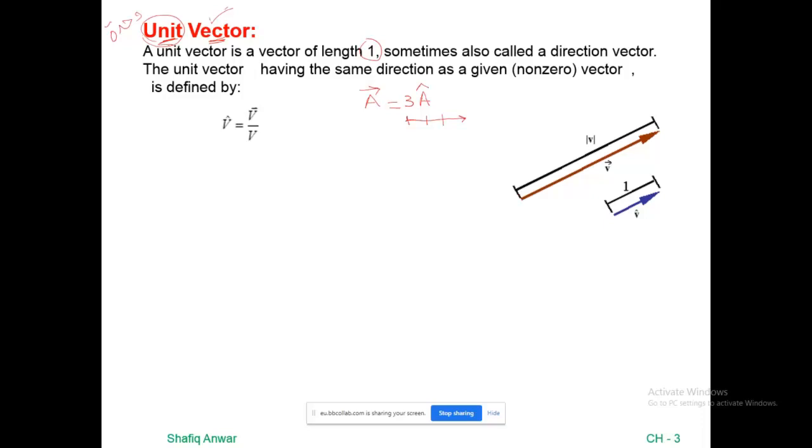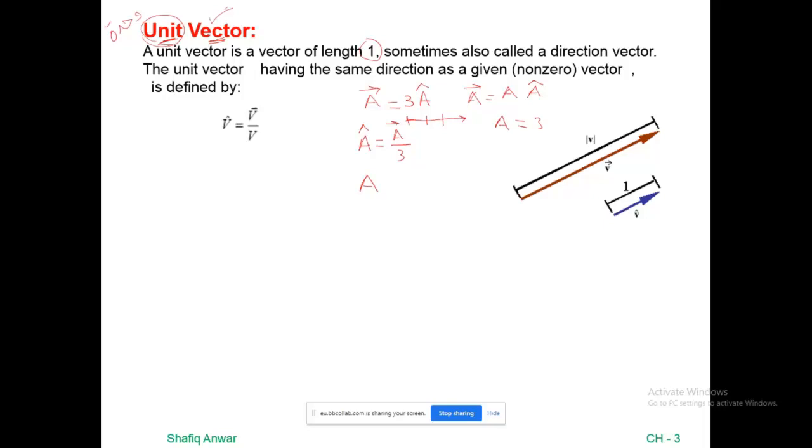And if I write the unit vector, I can write A vector over magnitude, right? And magnitude is A, so I can write A vector is equal to its magnitude multiplied by the unit vector. You get the point? So here you have A is equal to 3.